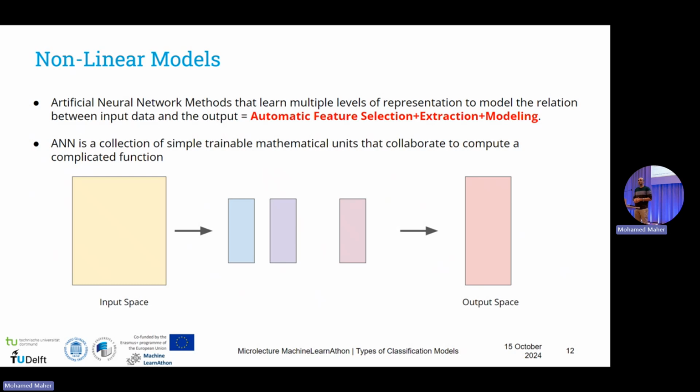This transformation from the input space to the output space can be considered an automated step for feature extraction and selection. So artificial neural networks are a collection of simple trainable mathematical units that collaborate together to compute a complicated function, which of course would be a nonlinear function.